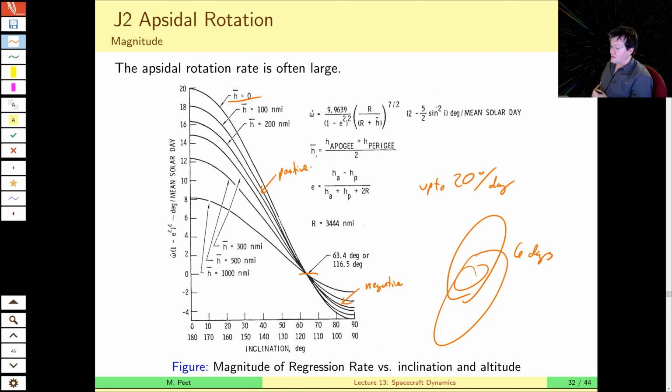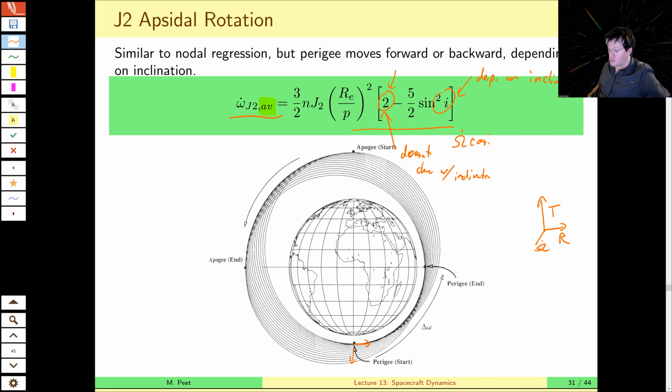And that transition point is called the critical inclination. And it's the point where, of course, this term, 2 minus 5 halves sine squared I, equals 0.